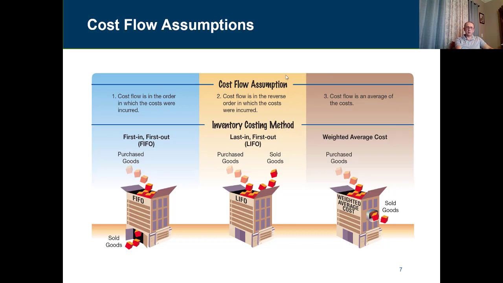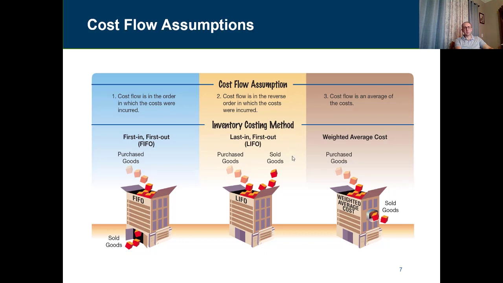And one of these methods is what we call FIFO, which stands for first in, first out. And this cost flow is in the order in which the costs were incurred. So first items we purchased are the first items to be sold. And you see here the box, the newly purchased items would go on the top, and then the sold goods would go from the bottom.